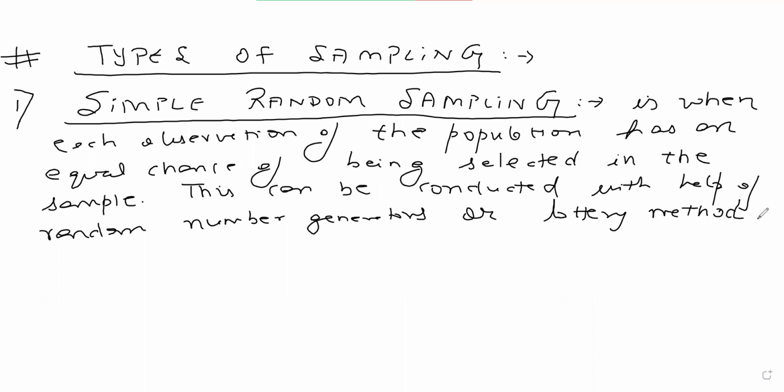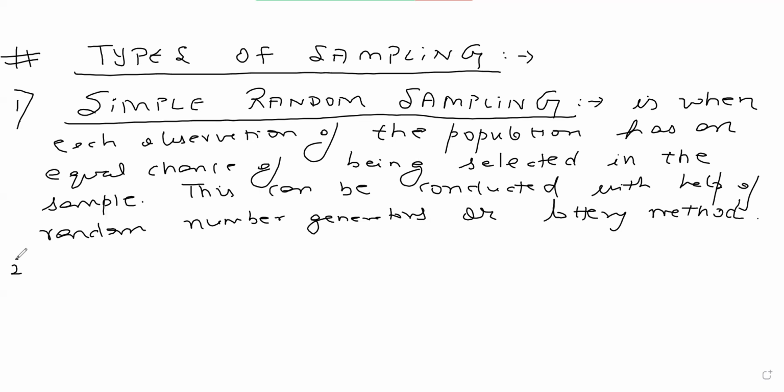So this is one of the most unbiased methods of sampling, because you are not biased to any observation of the population. That is why every observation has an equal chance of being selected. It's like saying that you are just literally closing your eyes and randomly picking up observations without looking at any of them in a biased way. So simple random sampling is the most unbiased method of choosing a sample, because each item in the population has an equal probability of being selected as a sample.